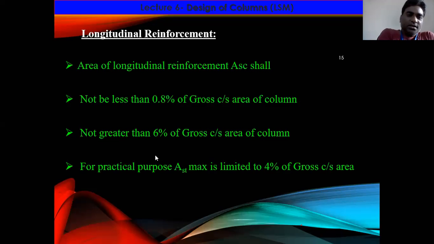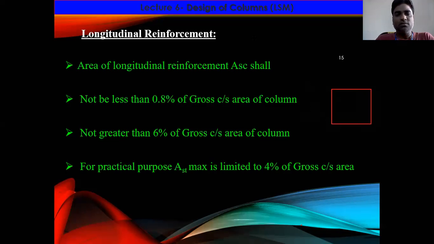And the next criterion is the longitudinal reinforcement. That means whatever reinforcement you are providing, as I told earlier, there are two types of reinforcement, lateral reinforcement and longitudinal reinforcement.